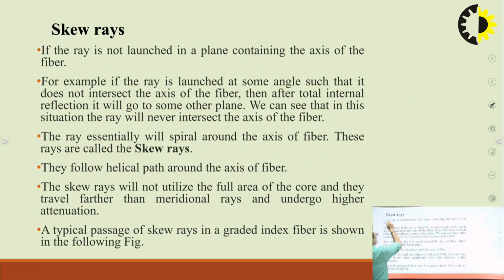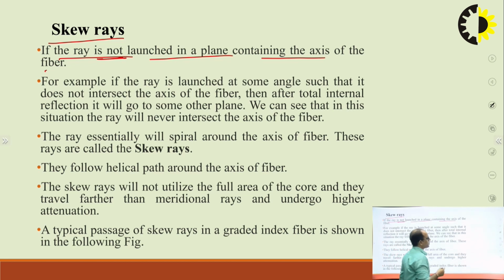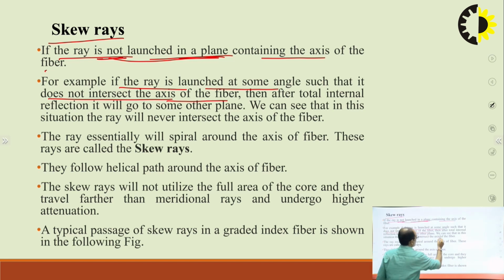Now next one is the skew ray. If the ray is launched in an optical fiber and is not launched in a plane containing the axis of the fiber, then that type of ray is known as a skew ray. For example, if the ray is launched at some angle such that it does not intersect the axis of the fiber, then after total internal reflection it will go to some other plane.